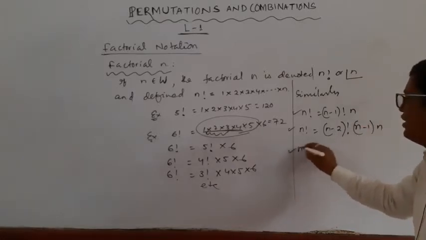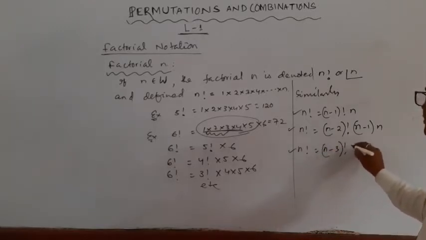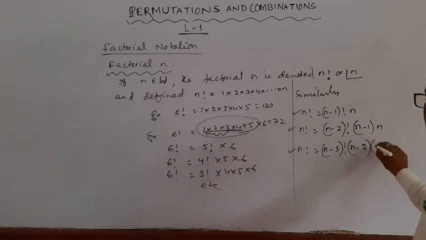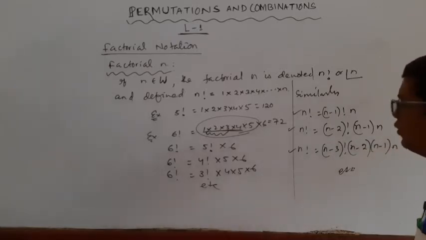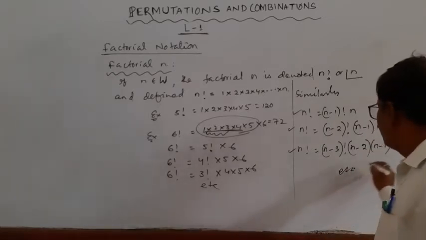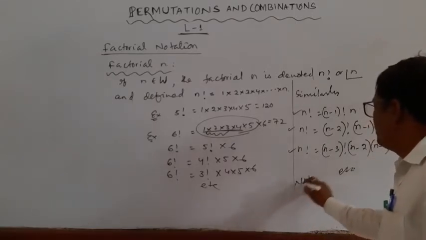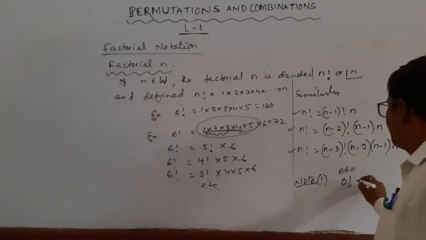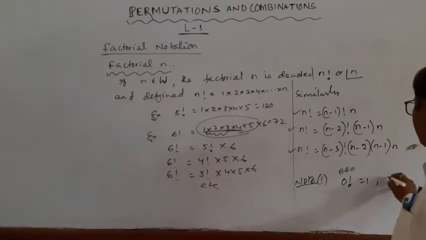Similarly, n factorial is equal to n minus 3 factorial into n minus 2 into n minus 1 into n, etc. Note: 0 factorial equals 1. We will discuss this at the time of discussing permutation. And 1 factorial equals 1.